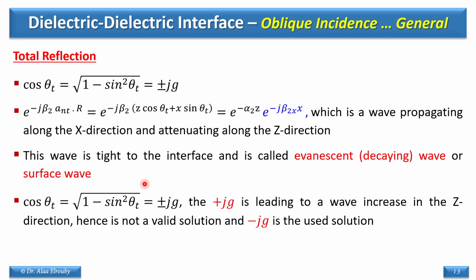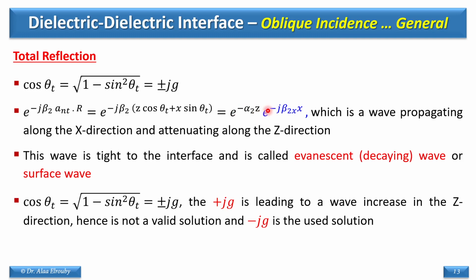So let us look into this further. When cosine theta t is imaginary, the phase propagation term would equal e to the minus alpha 2 z.